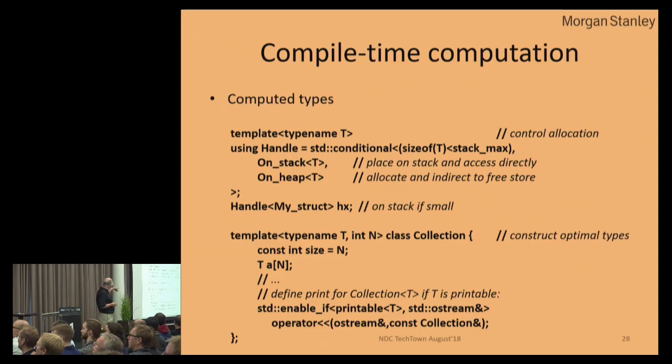The thing below there is using something called enable_if in C++11 and beyond. It says if T is printable, give the collection the operator output.